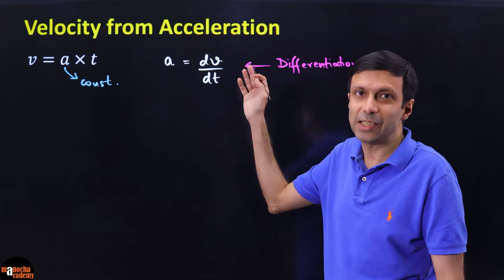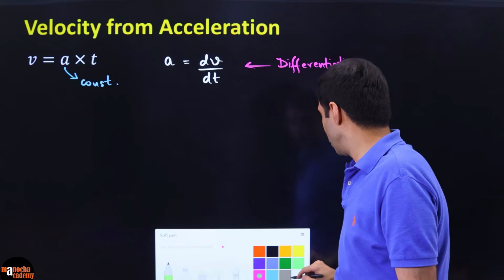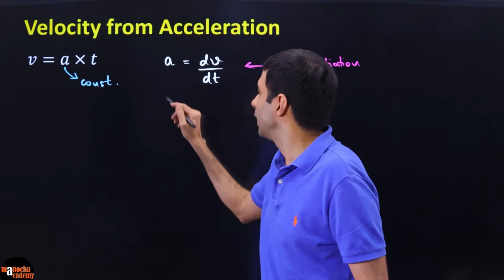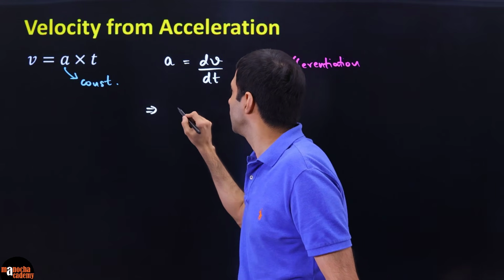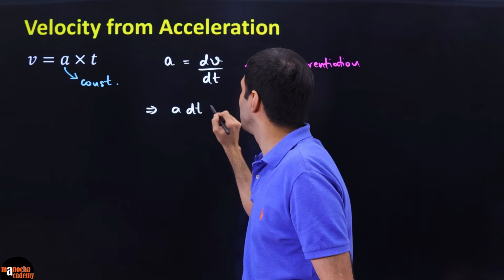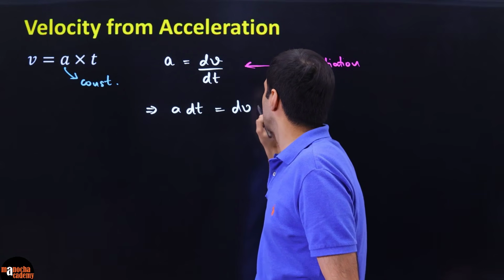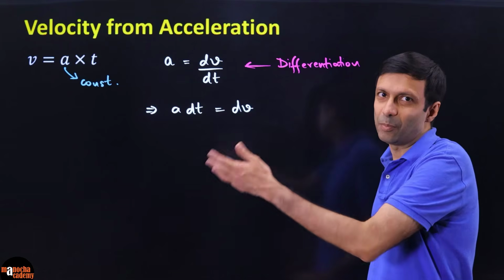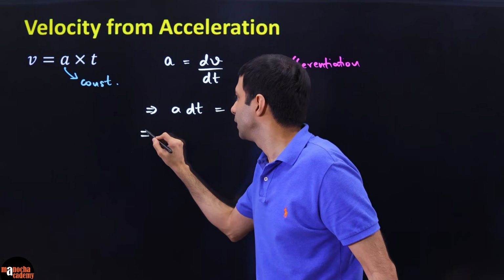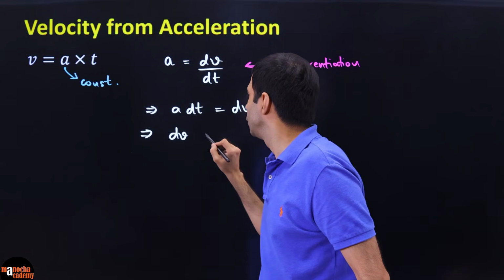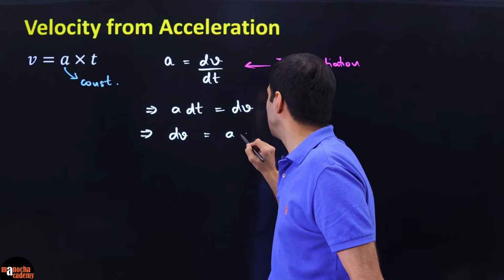And that you can easily see from this equation, because if you rearrange it, so if you take the time this way, you get a dt equal to dv. Since I want to find velocity, I'll bring it on the left hand side. So I can say dv equal to a times dt.